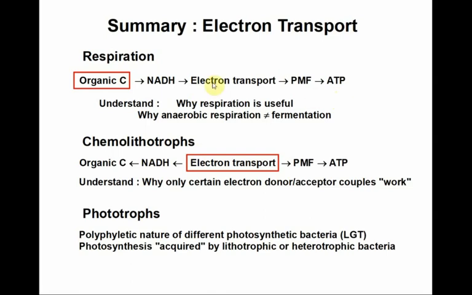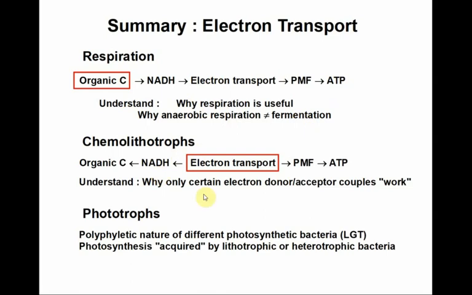At the end, you need an electron acceptor, which can be molecular oxygen or something else, like nitrate. So you need to understand why this is useful, high yield of ATP, and why anaerobic respiration is not the same thing at all as fermentation. This one needs an electron acceptor, fermentation does not.